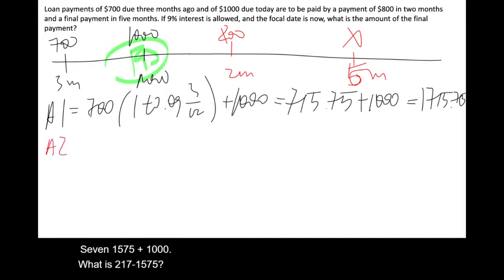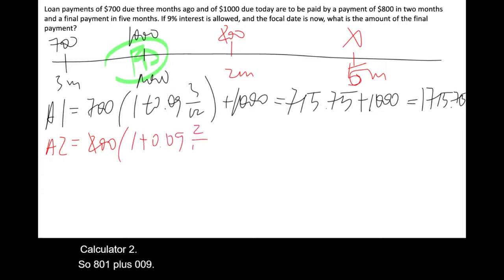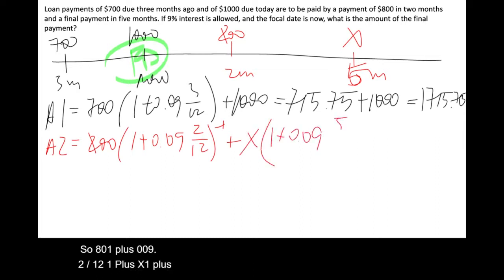Calculate agreement 2. So 800 times (1 plus 0.009) to the power of 2 over 12 minus 1, plus x times (1 plus 0.009) to the power of 5 over 12 minus 1.